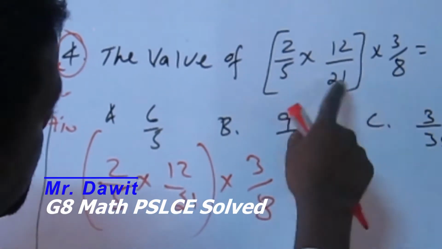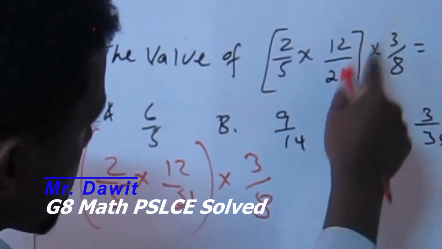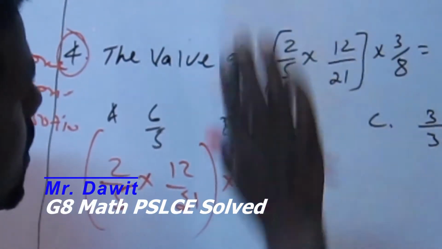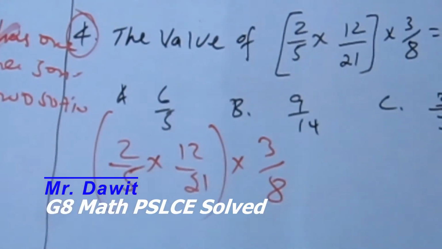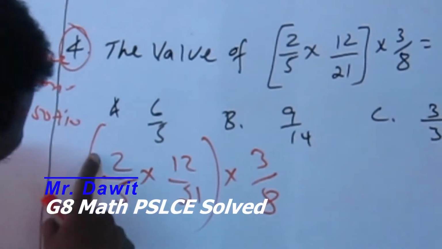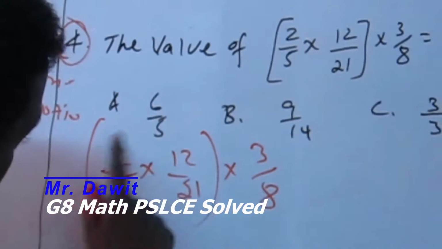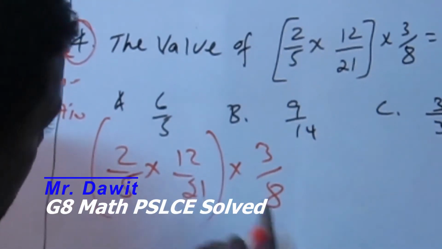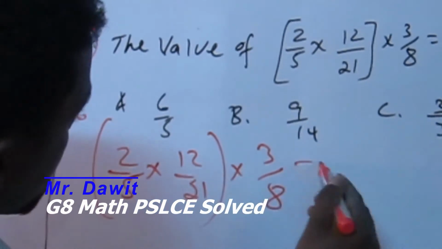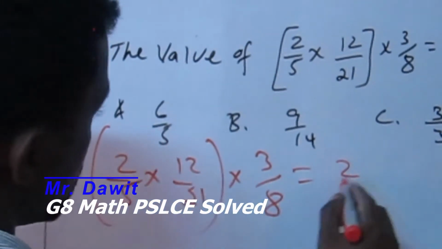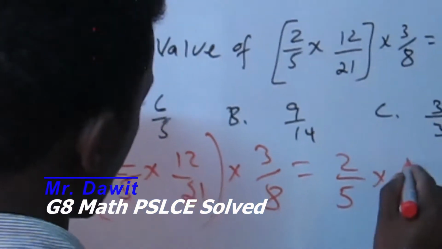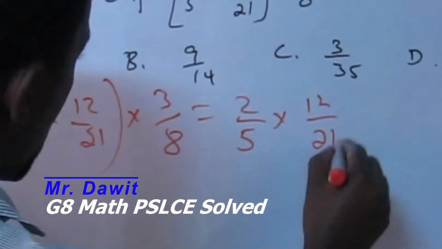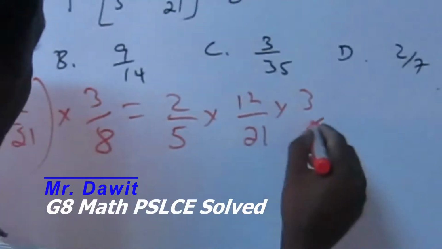It would matter if it were plus, but with multiplication there is no need to work inside the bracket first. 2 and 21 cannot be simplified, and 5 and 12 cannot be simplified. So when we remove the bracket, that means 2 over 5 times 12 over 21 times 3 over 8.